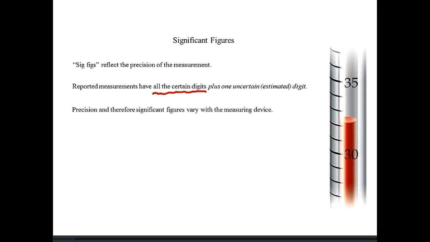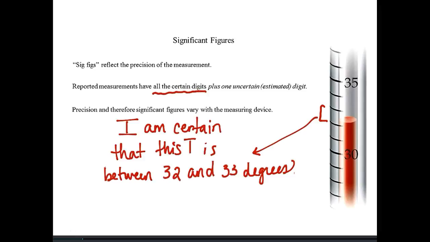The numbers provided are 30 and 35, which means that each of the lines on there is for every 1 degree, which is a typical thermometer. So certainly we would all agree that the first digit in my measurement would be a 3, and the second number in my measurement would be a 2. So it's 32 point something.